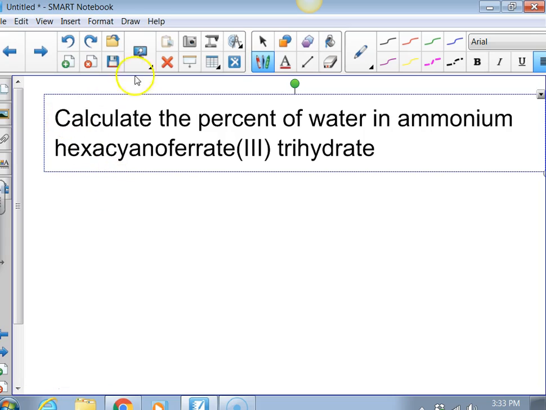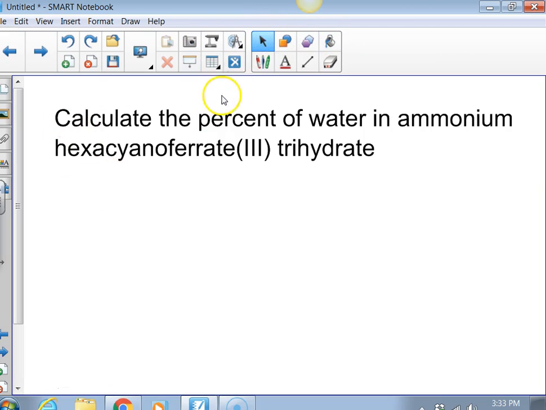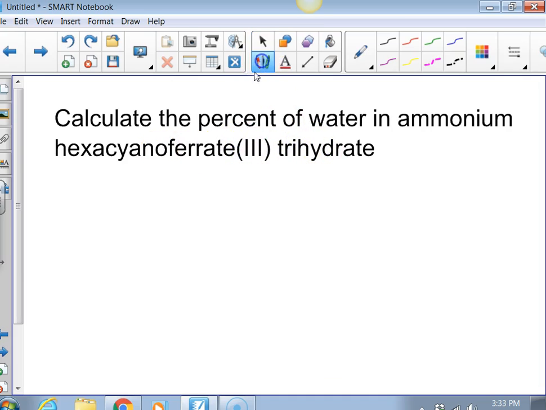Now, our last problem then is to calculate the percentage of water in ammonium hexacyanoferrate 3 trihydrate. So it's a bad sounding name, but it's not that bad. Hexacyanoferrate is a polyatomic ion. Ammonium, this is the formula for the whole compound.